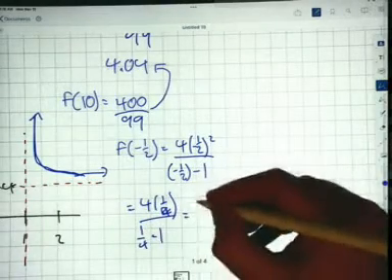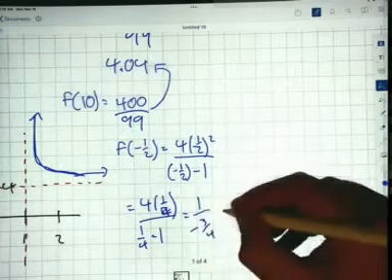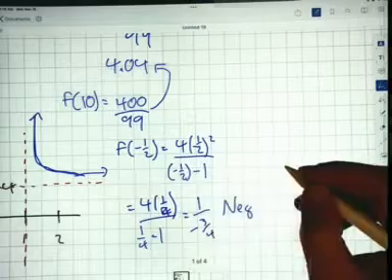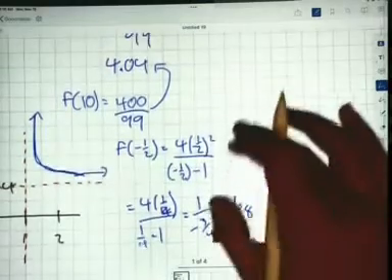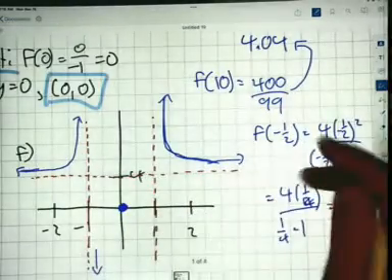Well, that's going to be 1 over negative 3/4, so that's going to be negative. So at negative 1/2, the graph is negative, so that means it's going to be down below the x-axis.